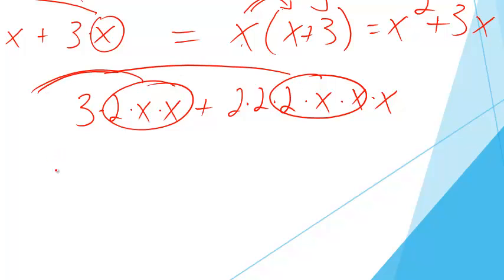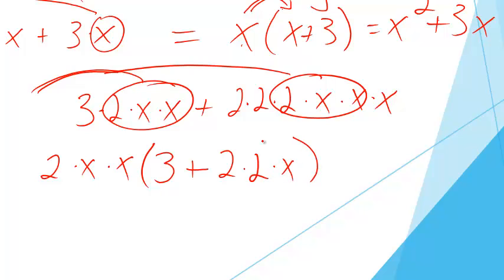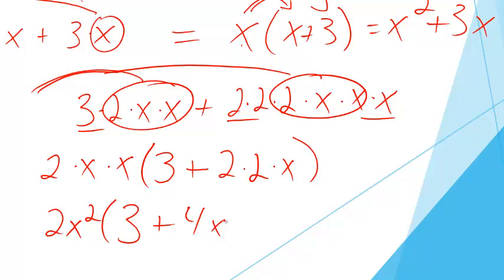We're going to have 2 times x times x multiplied to 3, because that's what's left, plus 2 times 2 times x, because that's what's left there. So 2x squared on the outside. Then on the inside, we're going to have 3 plus 2 times 2 is 4, and then the x, so we're going to have plus 4x.